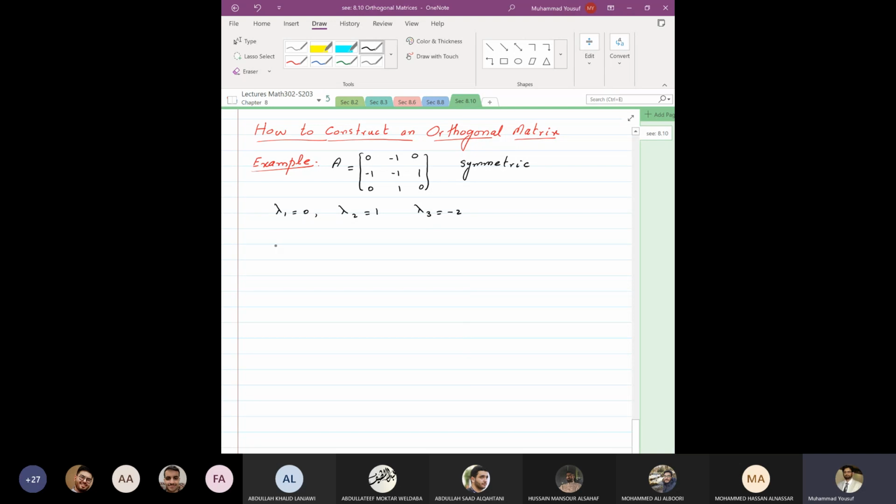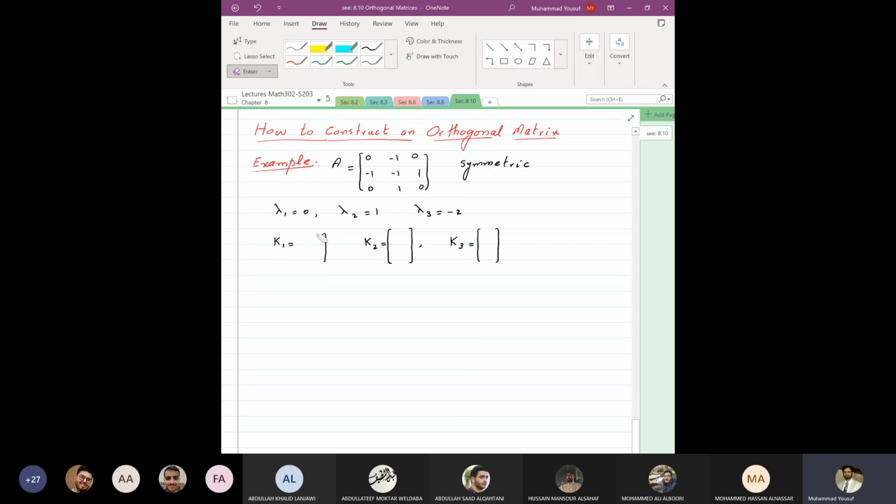Now, what are the three eigenvectors corresponding to these eigenvalues? It is a solved example.